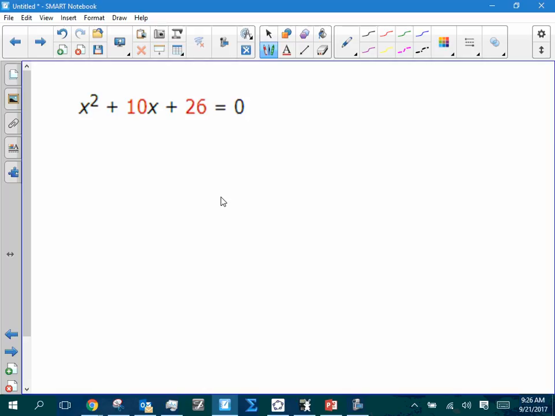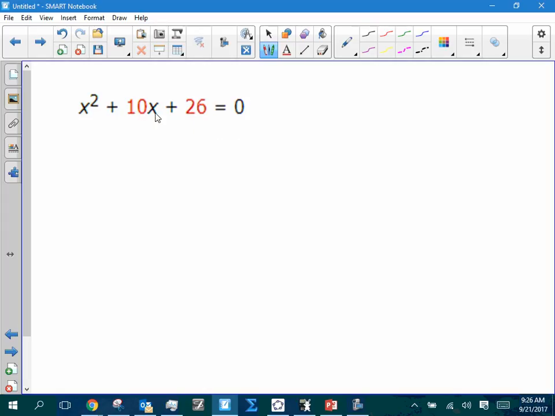Factor, and I think it tells you to write your answers in a plus bi form, which should be insightful. This thing doesn't factor by looking at a product and a sum. The factors of 26 are 1 and 26, 2 and 13, right? None of those add up to give me 10 as a group. So it doesn't factor real nice.